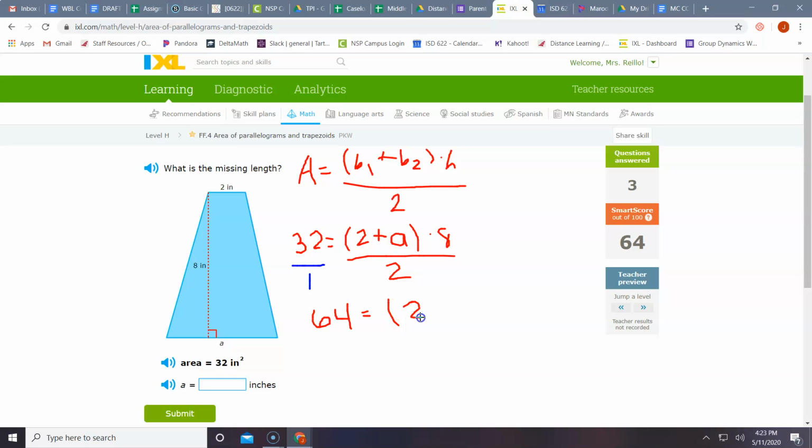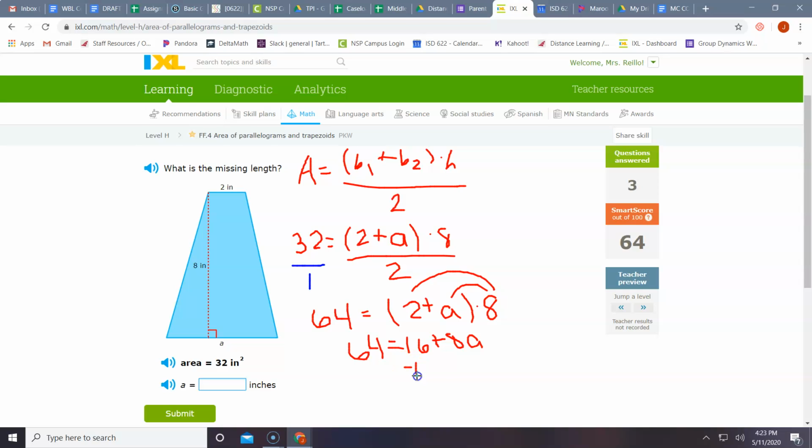So that's still going to equal 2 plus A times 8. And now we need to get rid of our parentheses, and we have to distribute our 8. So 2 times 8 gives us 16 plus 8A, which is going to equal 64.